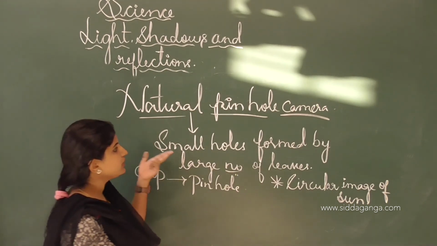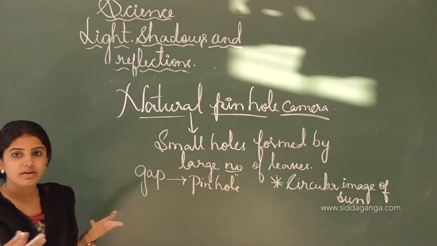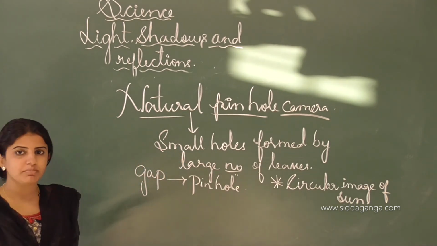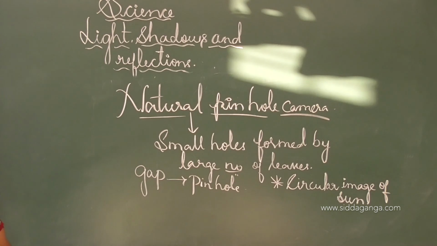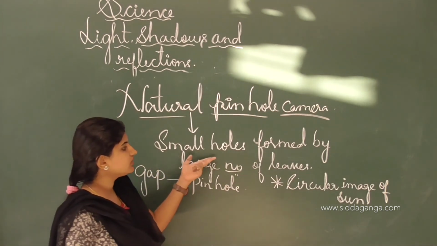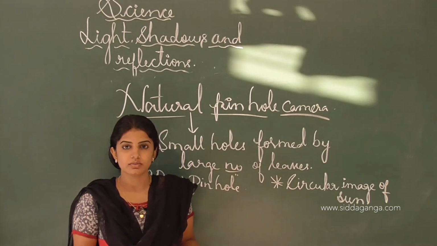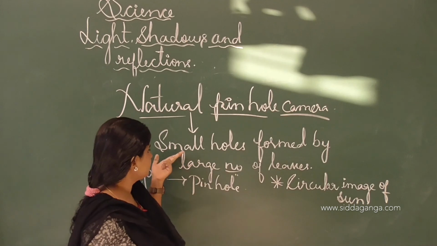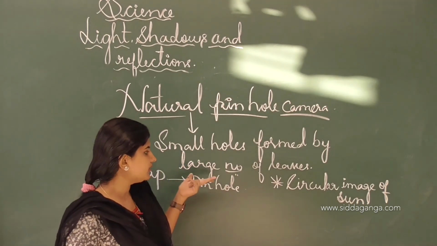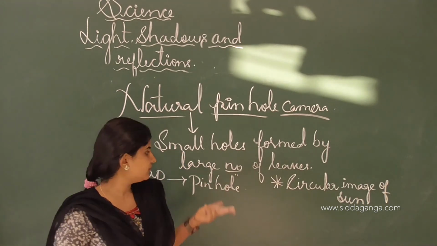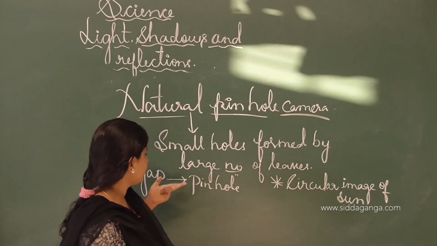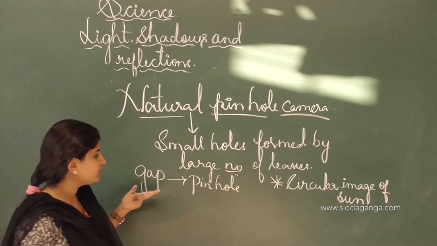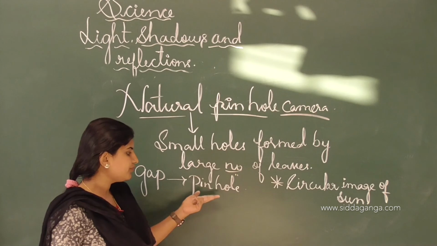See, a very interesting pinhole camera which is formed in nature, and here the small holes are formed by different types of leaves, and a gap will be formed, which acts as a pinhole.